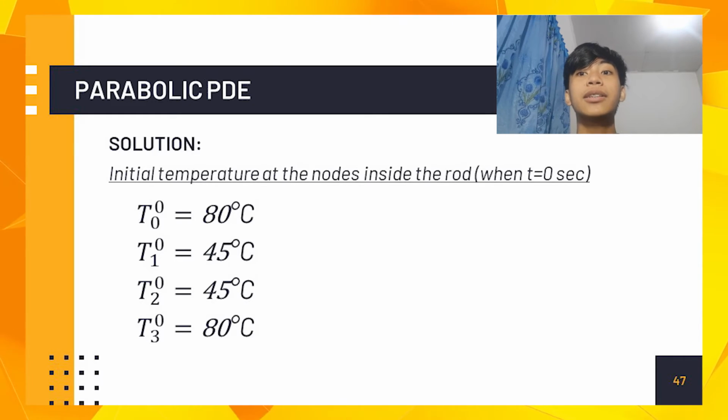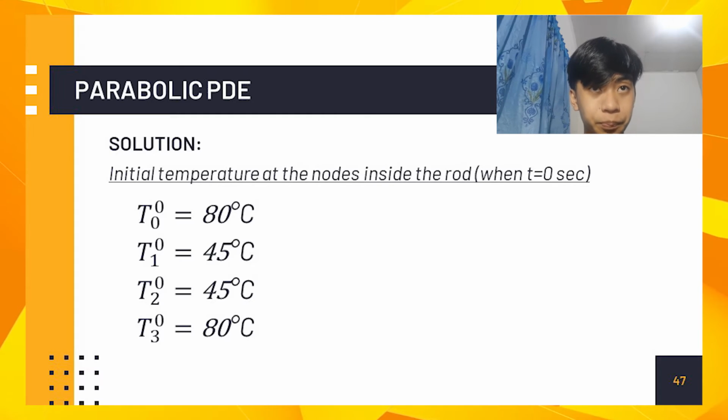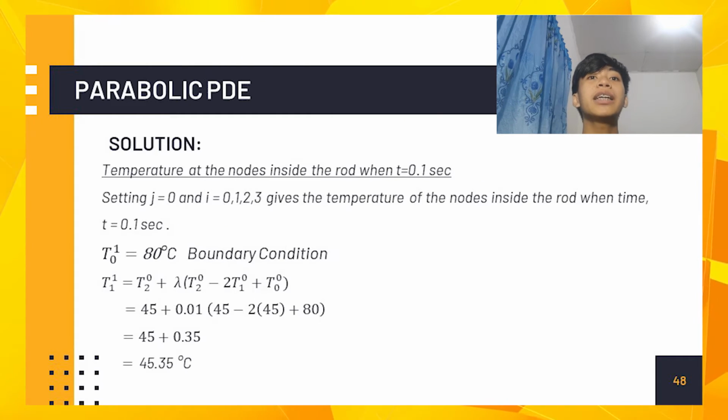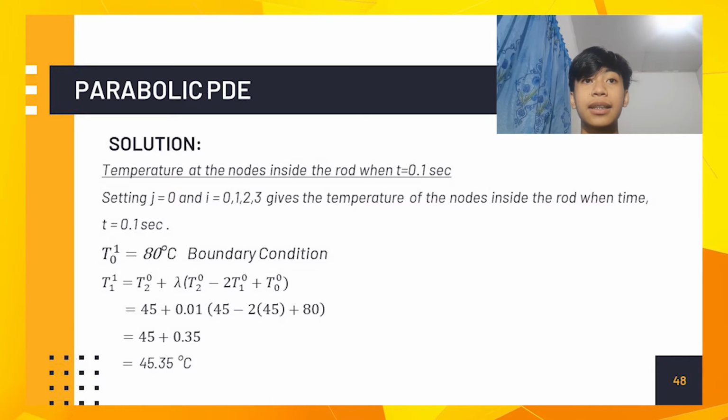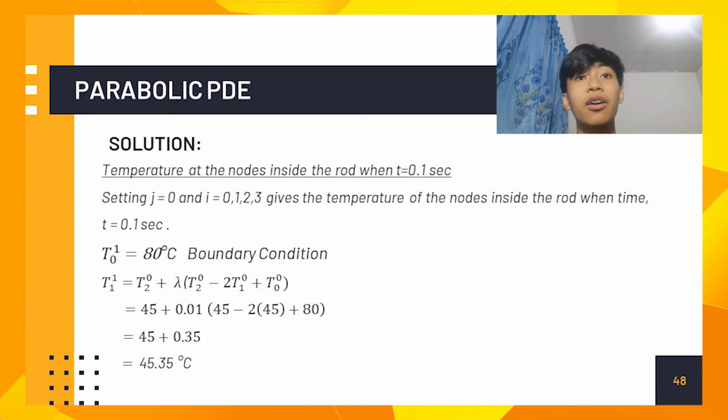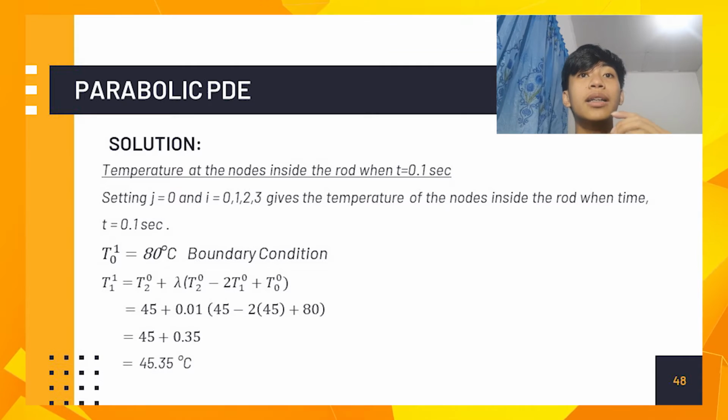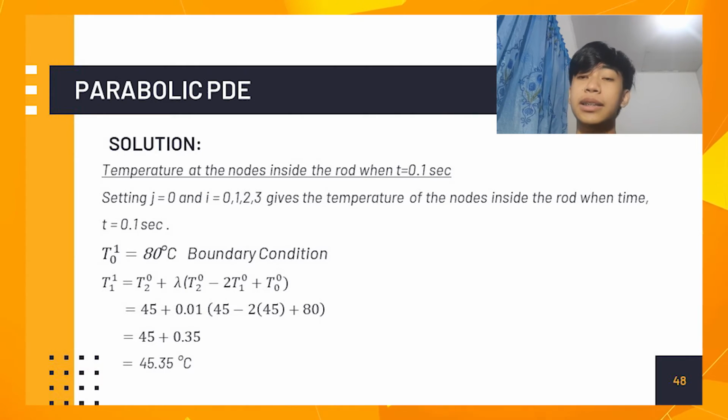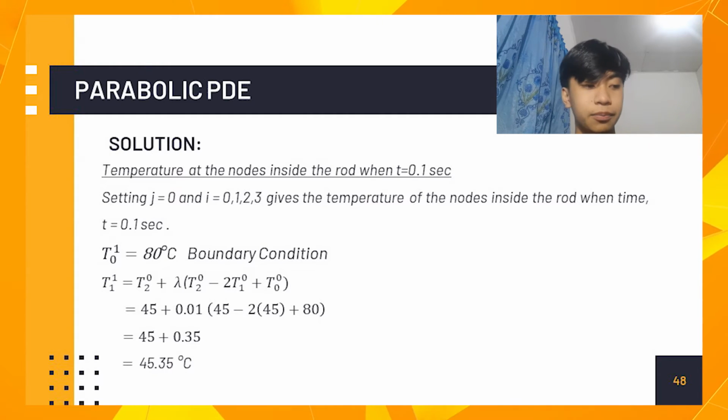And T raised to 0 sub 3 is equal to 20 degrees Celsius. So, temperature at nodes inside the rod when t is equal to 0.1 second, setting j is equal to 0 and i is equal to 0, 1, 2, 3 gives the temperature of the nodes inside the rod when time t is equal to 0.1 second.